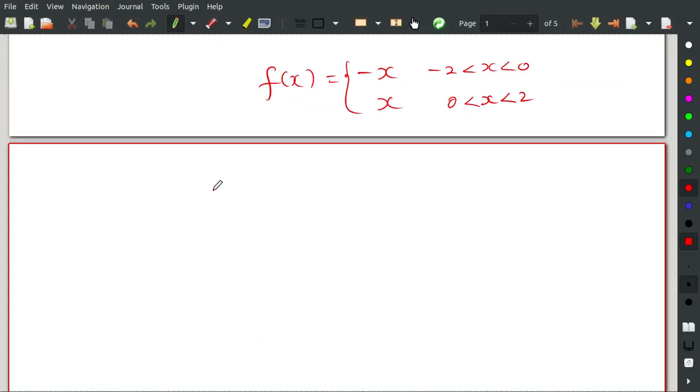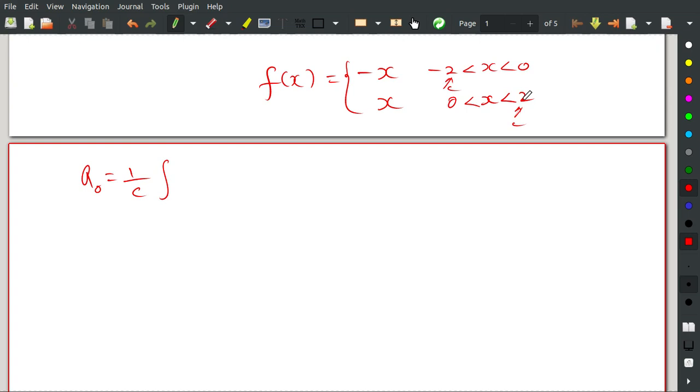So let me write down a0. a0 is 1 by c. Instead of c, we have 2. This is our c. Then the integral, and we split the limit.